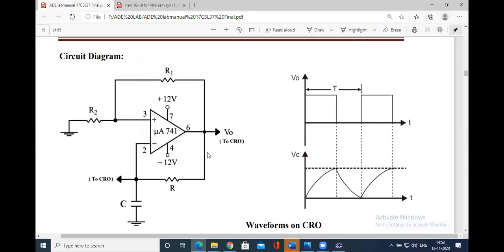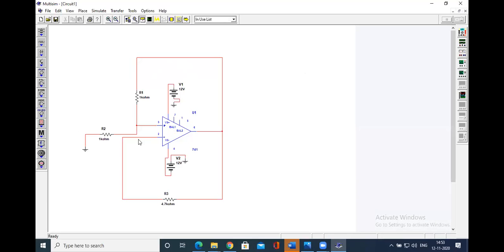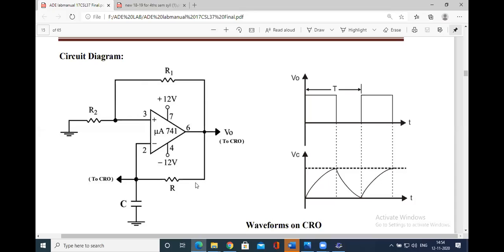In between 2 and 6, a resistor is there. In between 3 and 6, a resistor is there. Again from 3, one more resistor. From 3 to 6, 1 kilo ohm; 2 to 6, 4.7 kilo ohm. Pin number 4 is connected to negative 12 volt, and positive 12 volt is at pin 7. The other part is grounded. Very simple to remember, right? Once you draw the op amp, you find it easy.